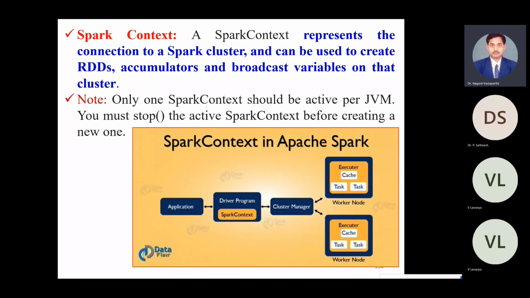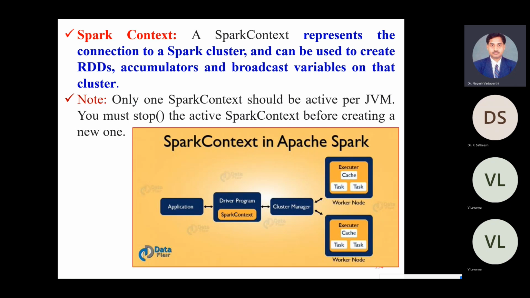Each subfile can be divided. By the time, how many accumulators we are incorporating in this Spark, how many broadcast variables on that cluster we are using. Maybe YARN, maybe Mesos. These are the cluster managers we are using in Spark.